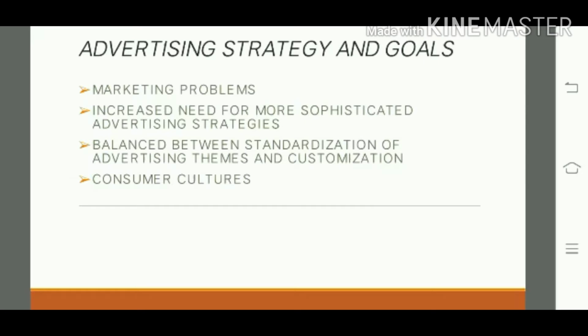Advertising strategies are essential campaigns and tools that can determine if a business will succeed or fail in its sales. An advertising strategy is like an overall plan for a particular advertising campaign.